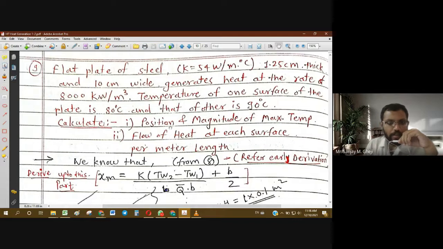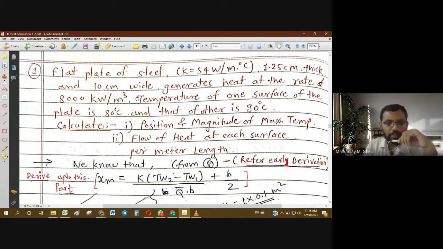Just by reading out the problem statement, we can understand the situation. A flat plate of steel is given, its thickness is 1.25 centimeter, its height is 10 centimeter, or width; we can take it as width or height, it doesn't matter. There is heat generation, because it generates heat at the rate of 8000 kilowatt per meter cube, per unit volume.